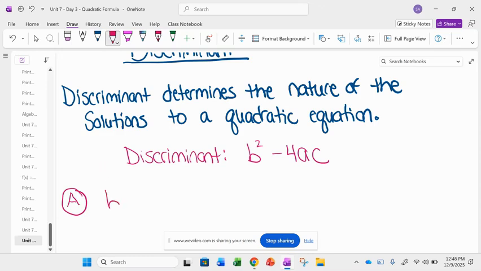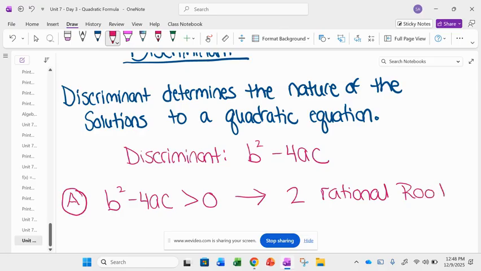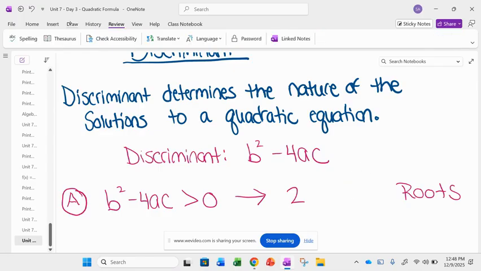So the first scenario is if B squared minus 4AC is greater than 0, then we're going to have 2 rational roots. Oh, not rational, sorry, real number. I lied. 2 real number roots.